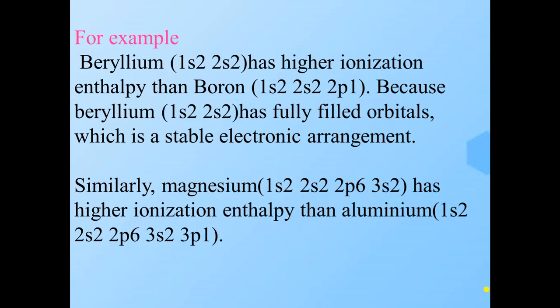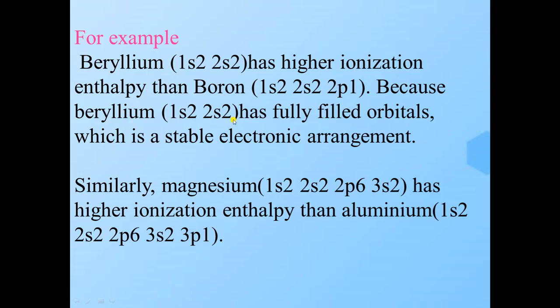So here we will take some examples. For example, beryllium, whose electronic configuration is 1s2, 2s2, has higher ionization enthalpy than boron, whose electronic configuration is 1s2, 2s2, 2p1. Now you can see that in case of beryllium, the s orbital is fully filled, and fully filled orbitals are more stable.